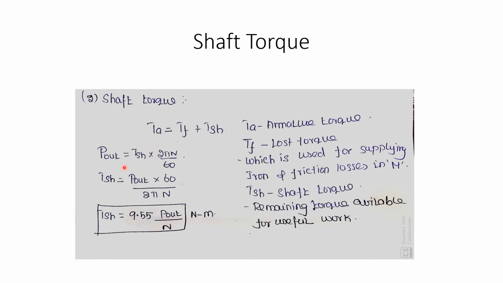We already know that power out is TSH into 2 pi N divided by 60. From this equation we can find TSH. So TSH is equal to 9.55 into P out divided by N. We got this from the previous torque equation, where power equals torque into angular velocity.